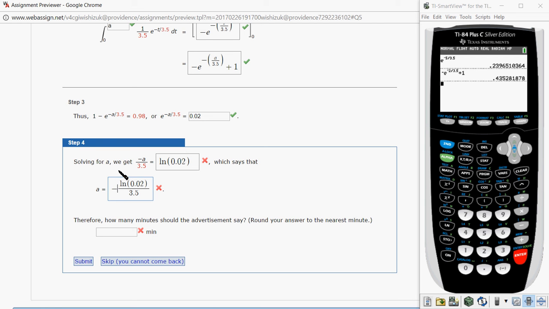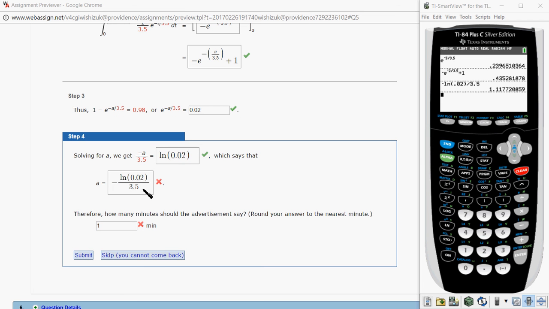So we have to compute that value: negative natural log of 0.02 divided by 3.5. This came out to be 1.11. Round your answer to the nearest minute, so it's 1 minute. Let's submit.